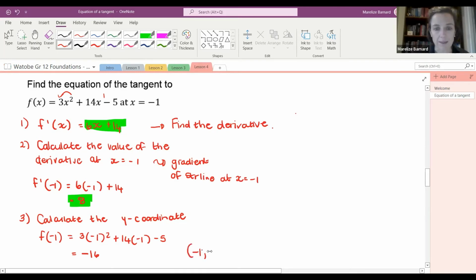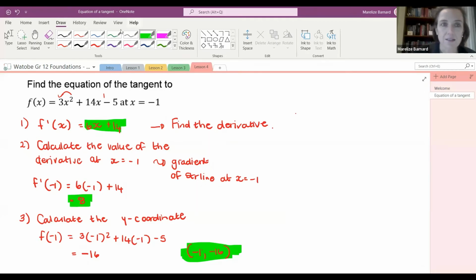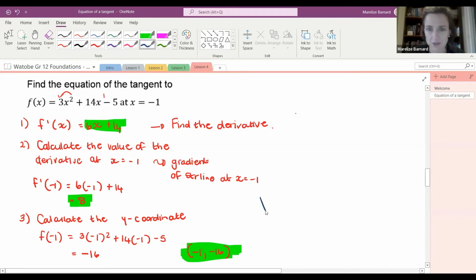So maybe write that down somewhere clearly as you're working out, so that you know, okay, there's my point. This is the tangent point. This is where the straight line touches that parabola. It really helps to make a little sketch of the situation, because we have this parabola, 3x squared plus 14x minus 5, so it's a happy face parabola.